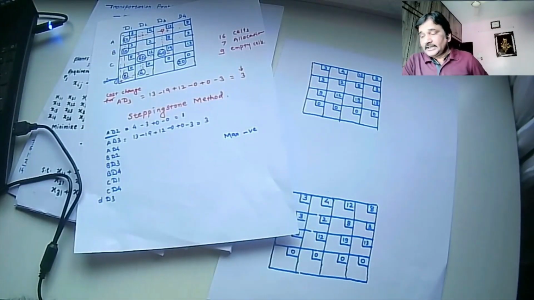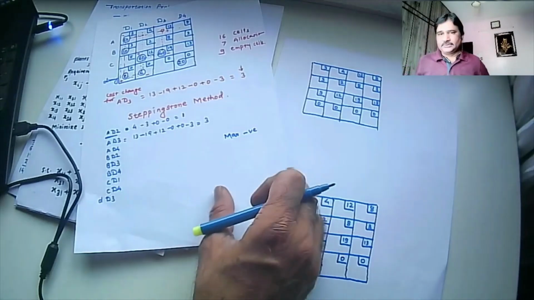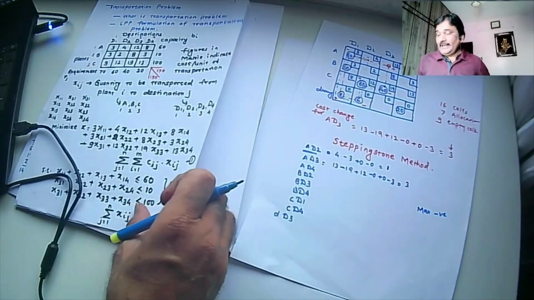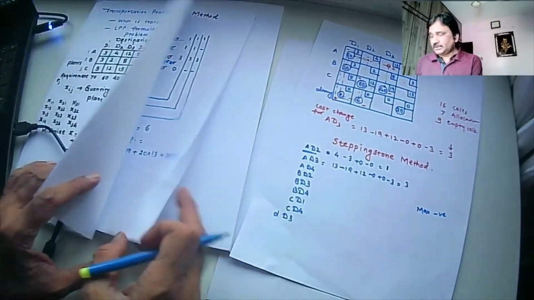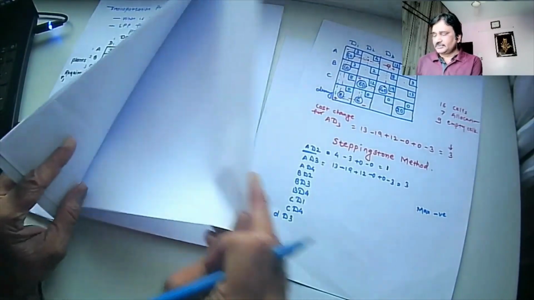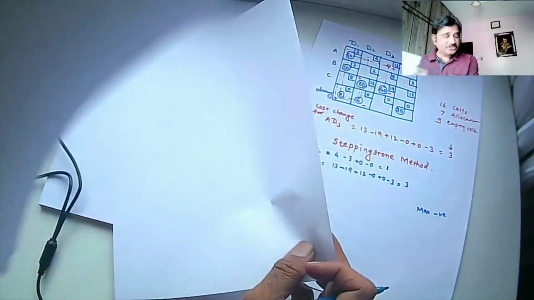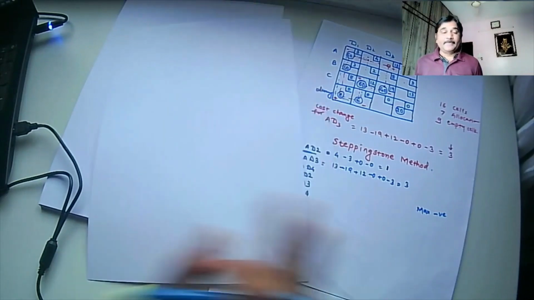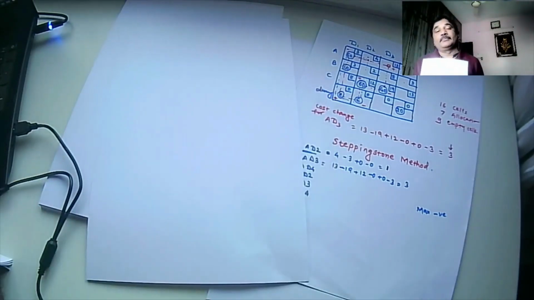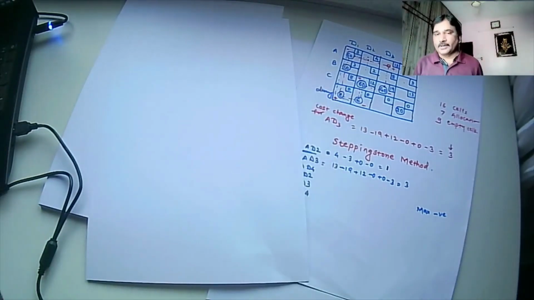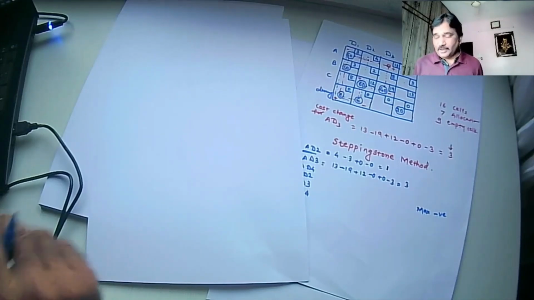So there is another method called the modified distribution method, and it is based on the developed formulation of the transportation problem.